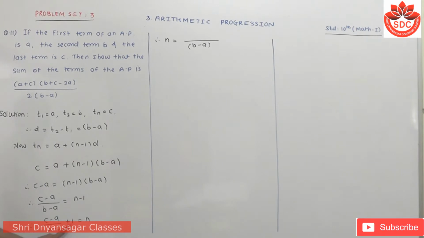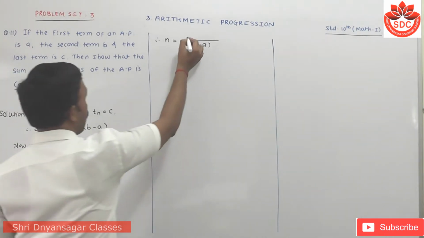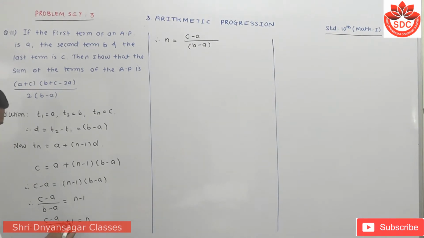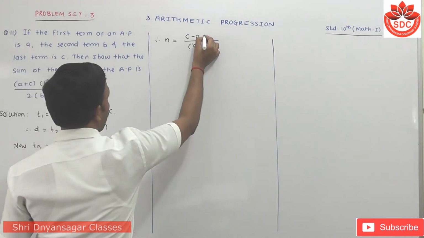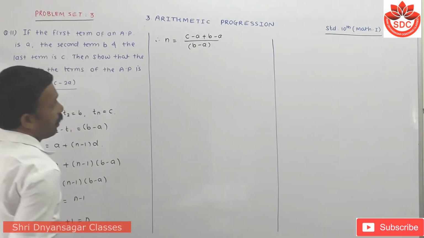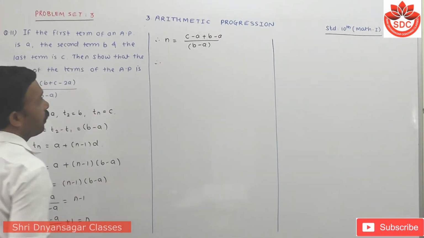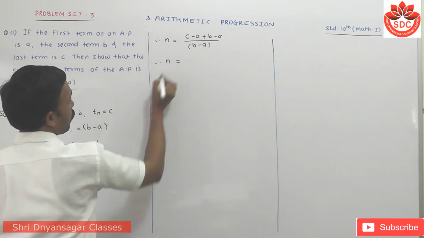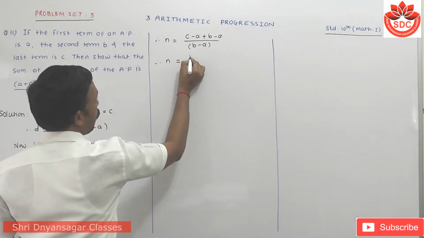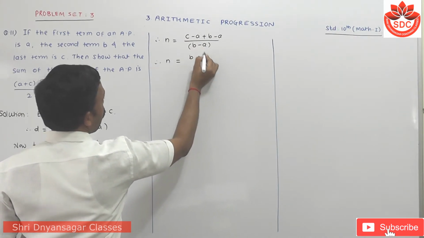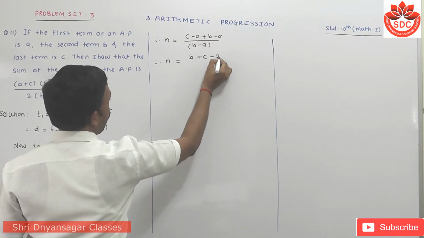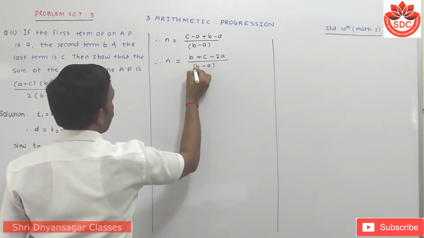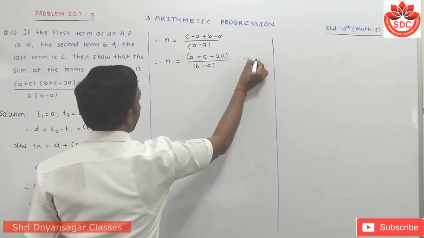Multiply this b − a to the 1, then c − a plus (b − a) into 1. Therefore the value of n is (b + c − 2a)/(b − a). This is our value of n.